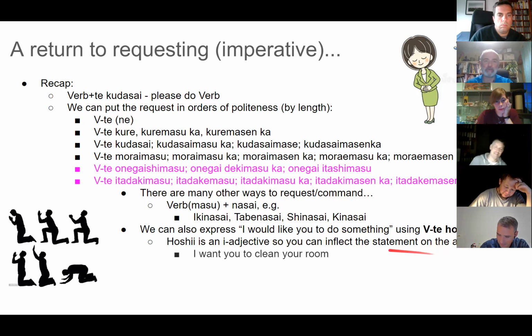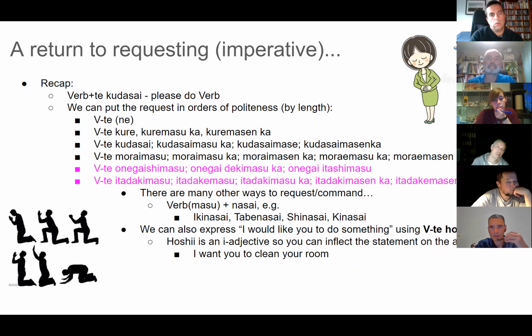So just remember, hoshii is an i adjective, so you can inflect this statement on the adjective. For example, "I want you to clean your room." Aga, how would you say this? To clean is souji suru. Exactly.